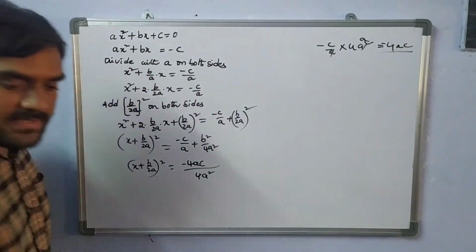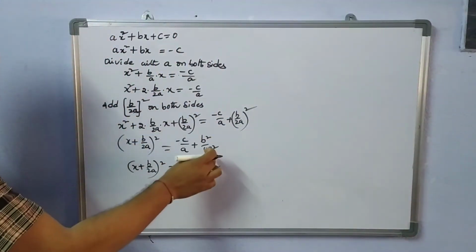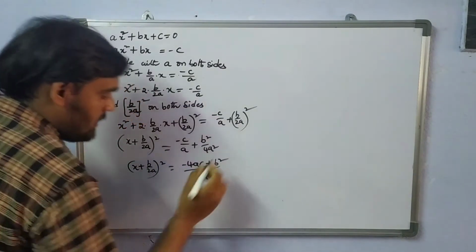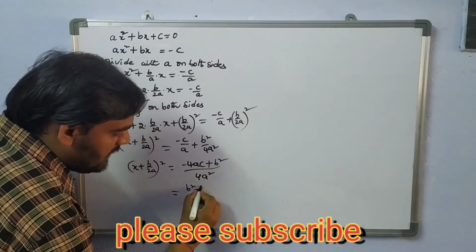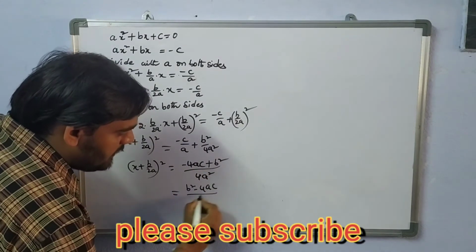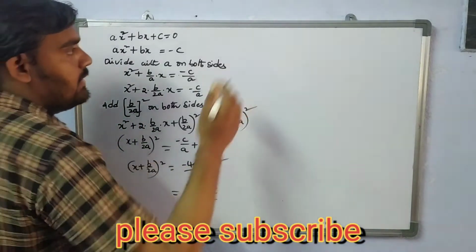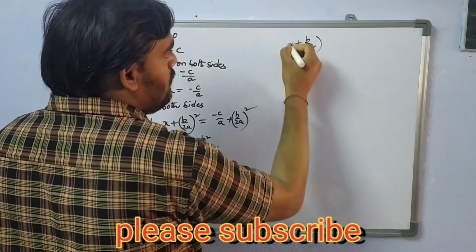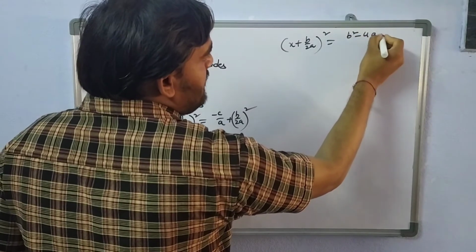And b square by 4a square into 4a square, you will get plus b square only. So this can be written as b square minus 4ac by 4a square. Now x plus b by 2a whole square is equal to b square minus 4ac by 4a square.